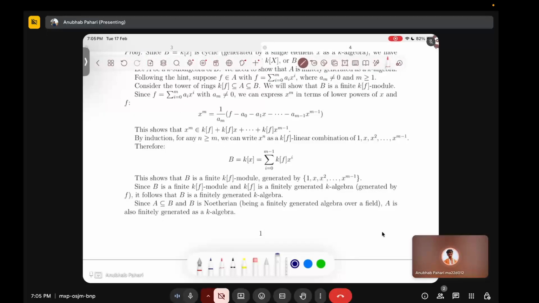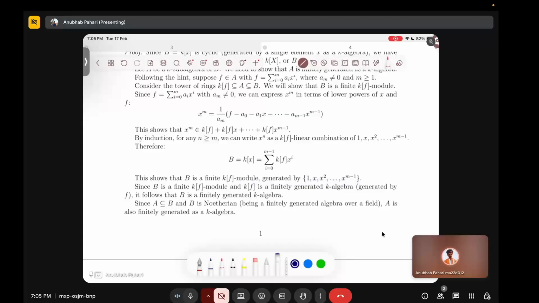And by induction, for any n greater than or equal to m, we can write x^n as a K[f]-linear combination of 1, x, x^2, up to x^(m-1). Therefore you can write B as K[x], which is of this form, and this shows that B is a finite K[f]-module generated by this.